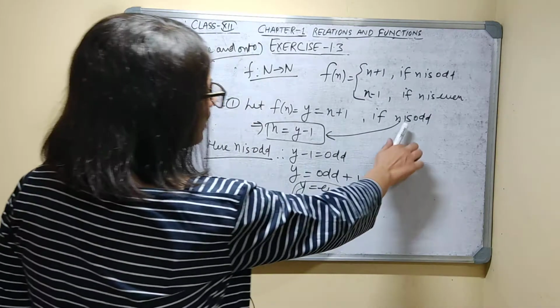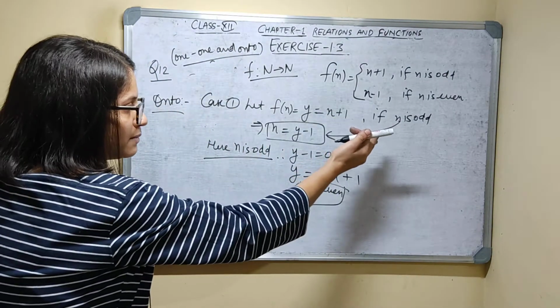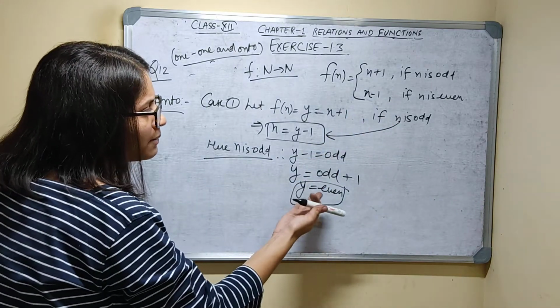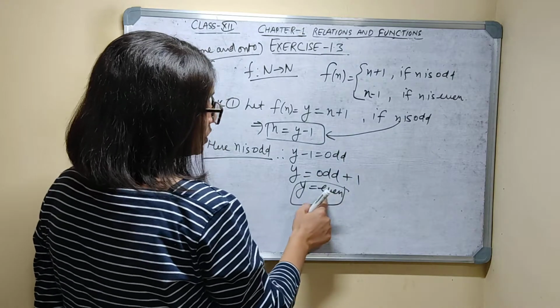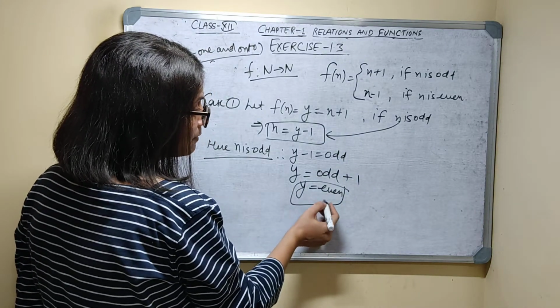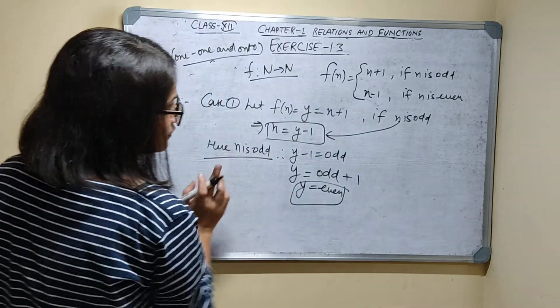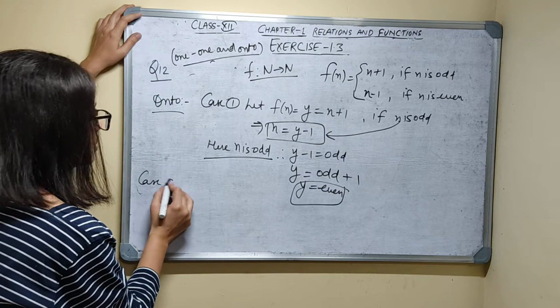So if n is odd, y will be even. So all even numbers from the codomain are related to odd numbers from the domain. Is it clear?